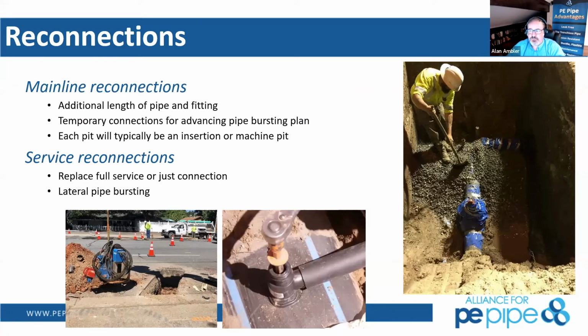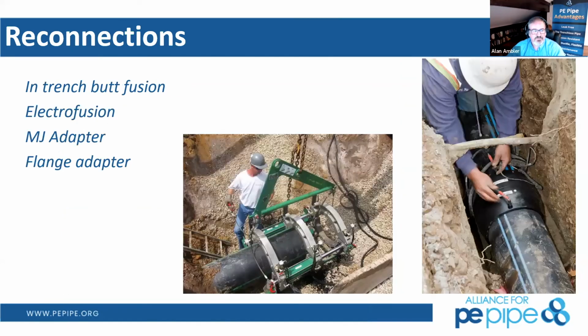Then they have sidewall adapters, fittings for electrofusion, and you can also always butt fuse in the excavation. All of this equipment is designed to be taken off of the chassis and come down into the excavation to perform all of that.